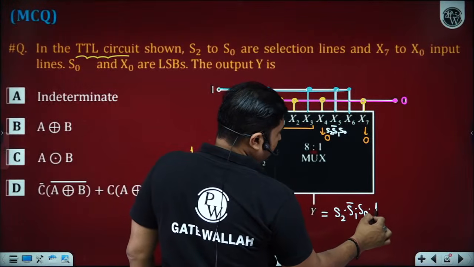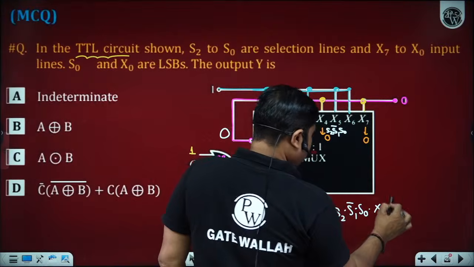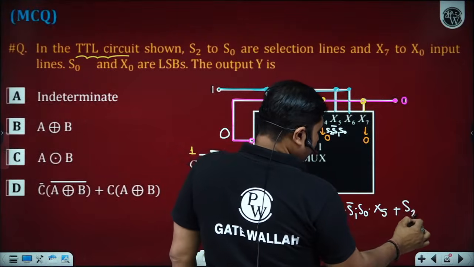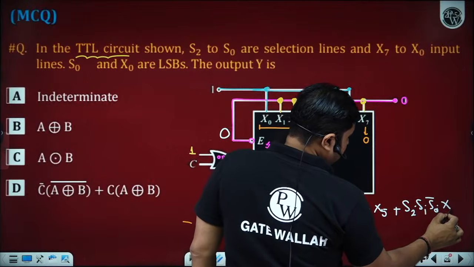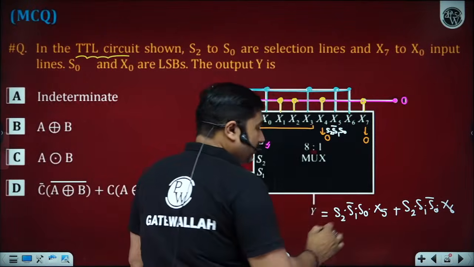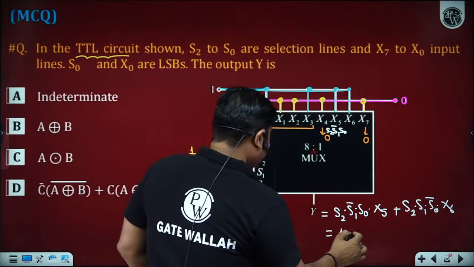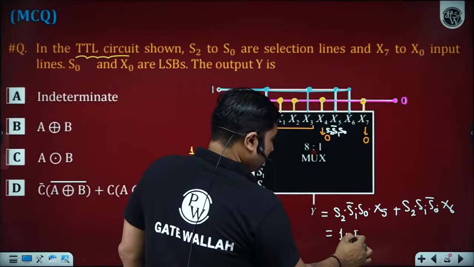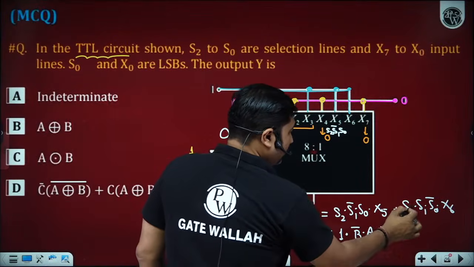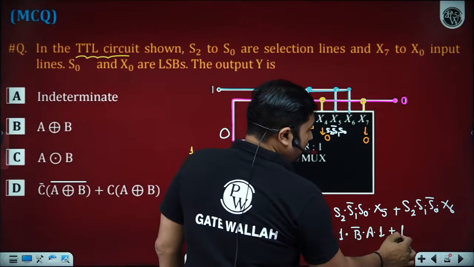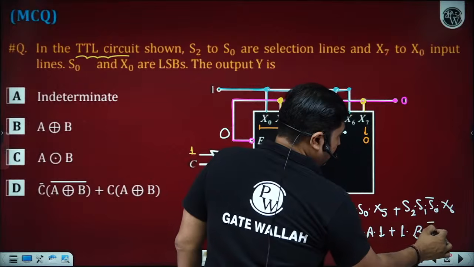X5 is logic level 1, or I am writing X5 plus S2, S1, S0 bar X6. This is what we are getting. Now where S2 is 1, S1 is B, S0 is A, so we are getting B bar A, X5 is 1, plus S2 is 1, S1 is B, A bar and 1.